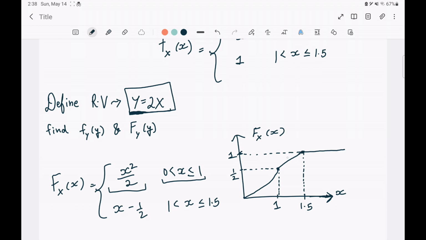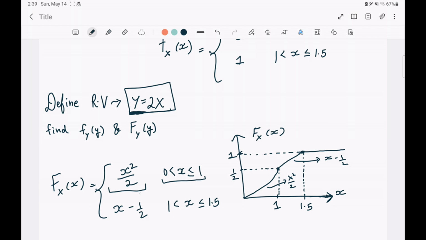So this is how the CDF of x looks, where this portion is x minus half, and this function is x square by 2.